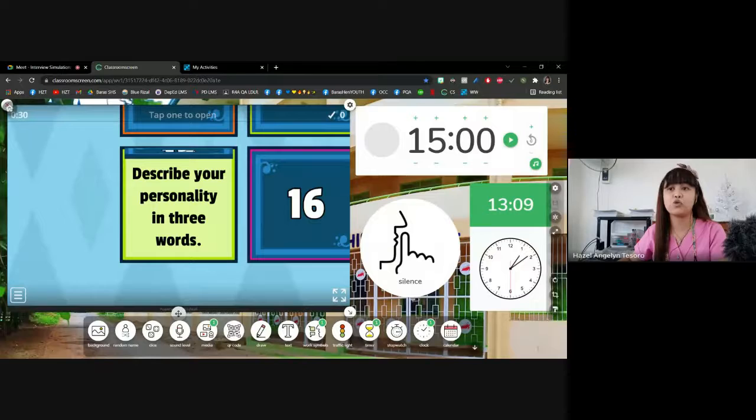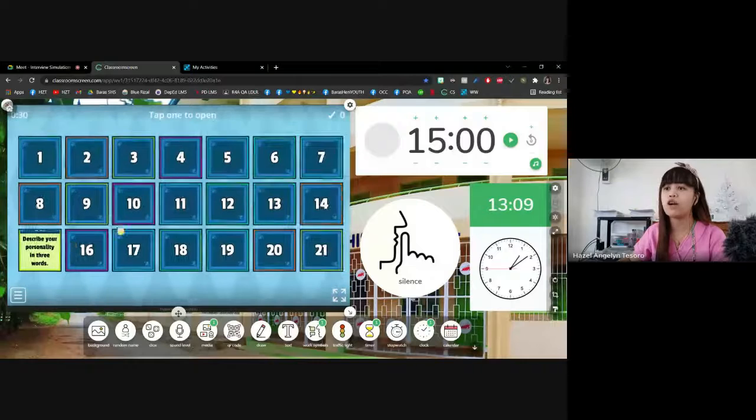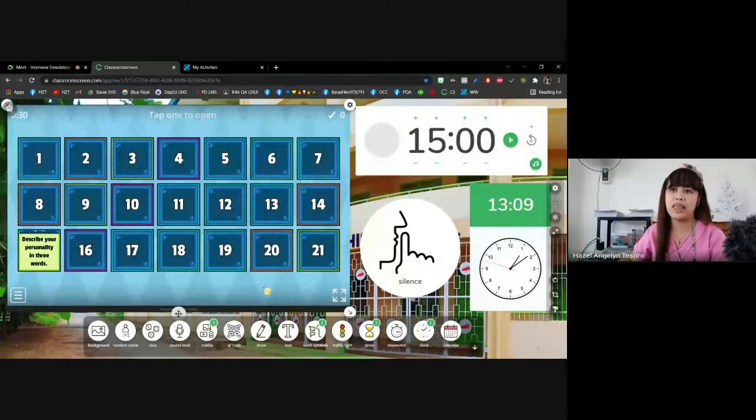So that is one sample question, and that is to describe your personality in three words. This question would not be repeated anymore as each card contains a different question. There are a total of 21 questions in this round. I hope that's enough as a sample.